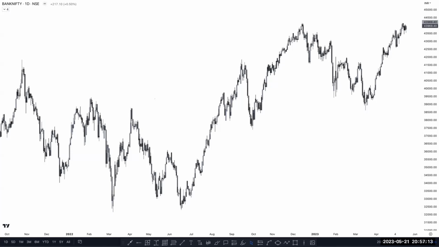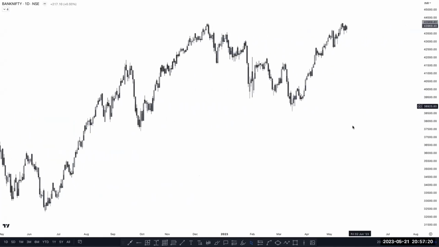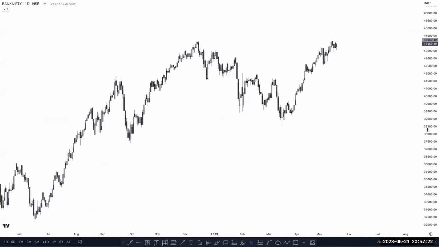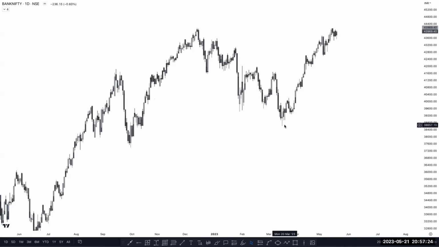Okay, so this is our Bank Nifty chart from a daily time frame perspective, and you can see market momentum is bullish and continues going upside, every time the market takes out the inducement or extreme inducement, like the previous seasonal high, and goes upside, right?